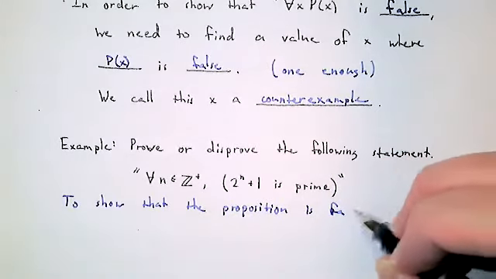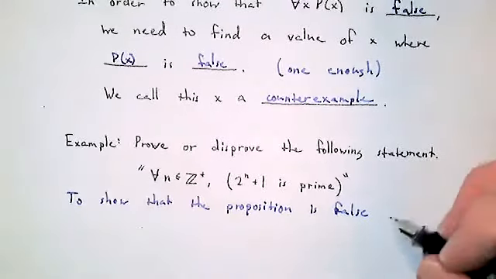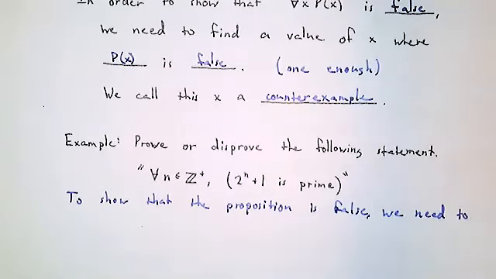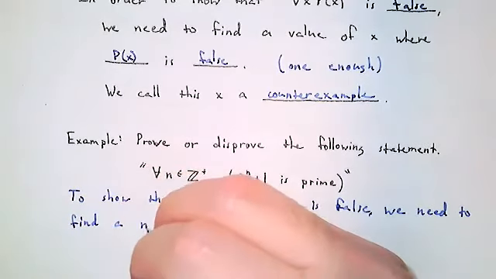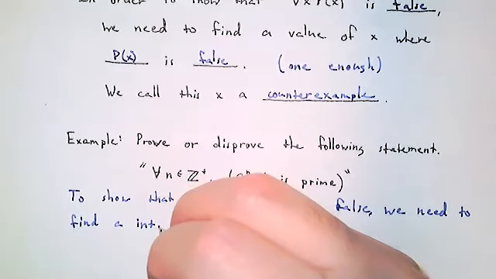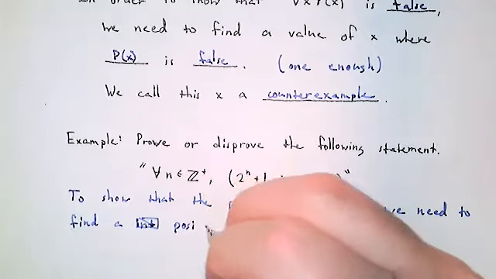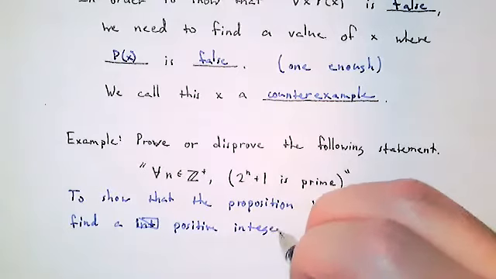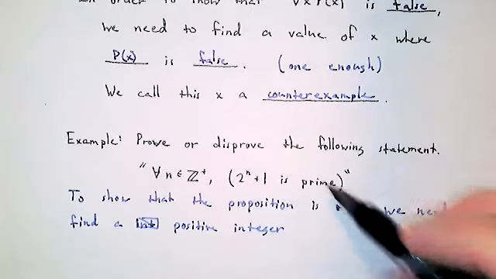We need to find an actual number that we can plug in for n, or more specifically, an integer. And we need to find an example where this is not prime. That's where it's false.